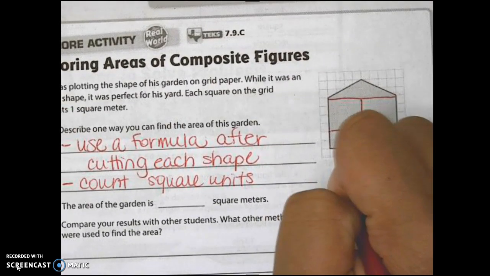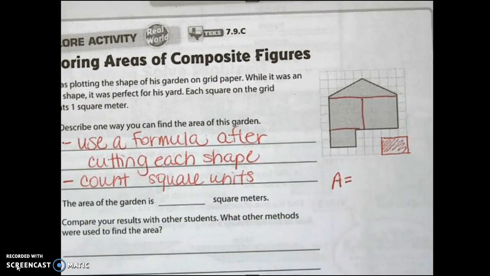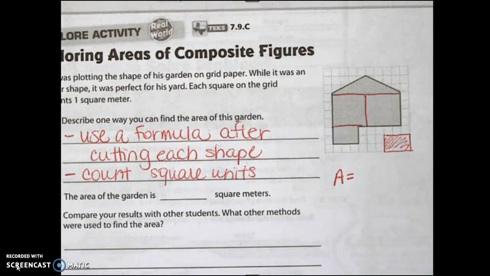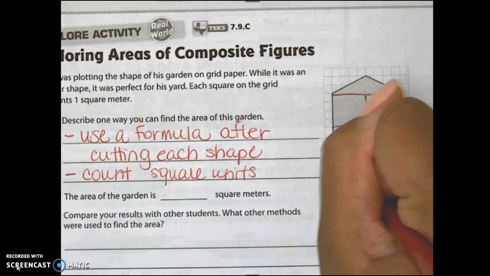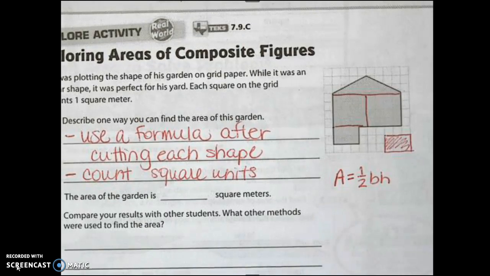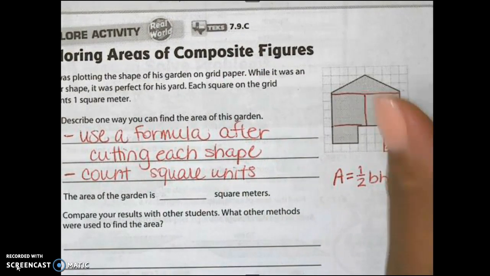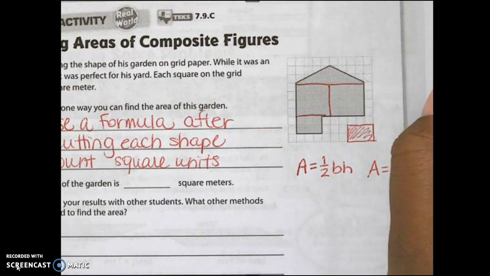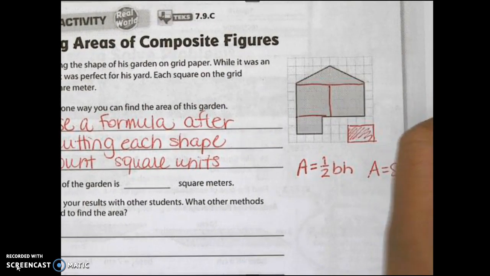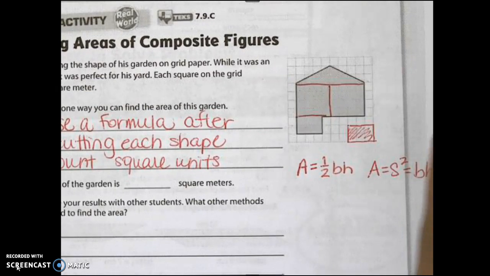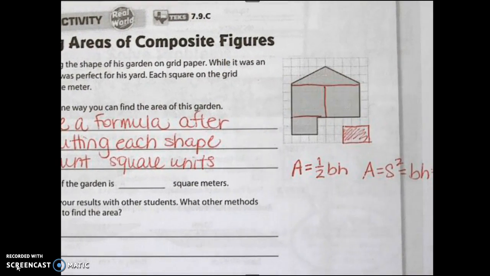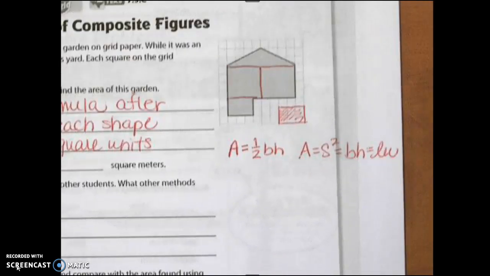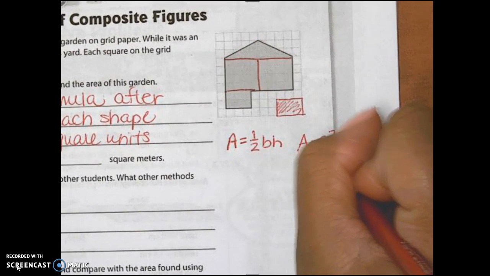What's the area of a triangle? Give it in a formula. A equals 1/2 BH. And then a square? A equals S squared. Side squared, which is also base times height, which is also length times width. This is for a square.